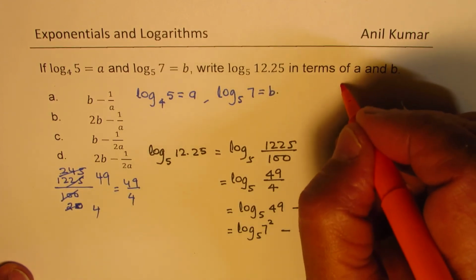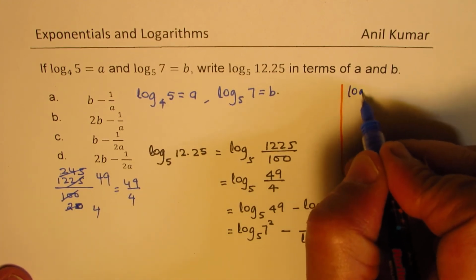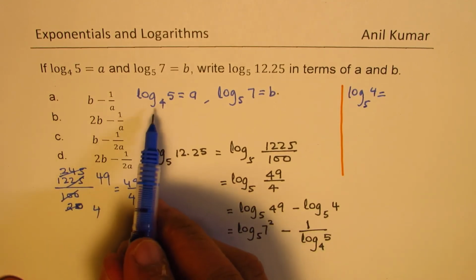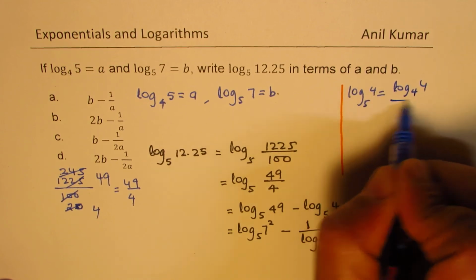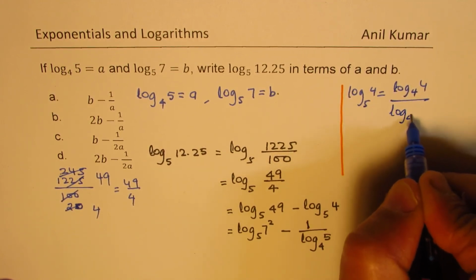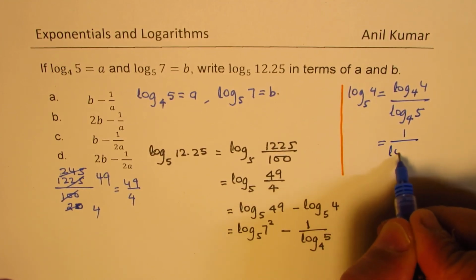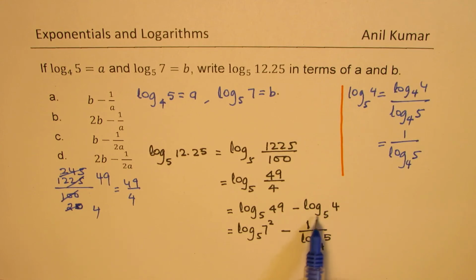So we have log to the base 5 of 4. I want to change the base to 4 since I have that here. So we have log to the base 4 of 4 divided by log to the base 4 of 5. Now log to the base 4 of 4 is 1, so we get 1 over log to the base 4 of 5. So you could always find a reciprocal like this. Do you see that? So that is what we are going to do.